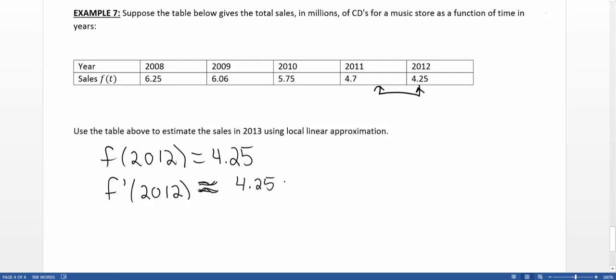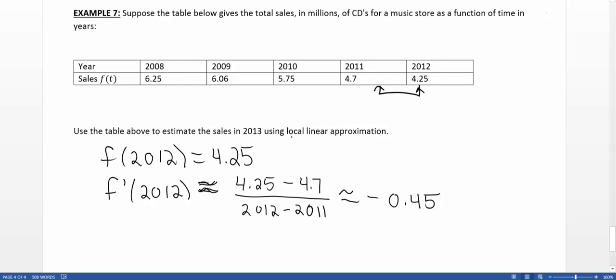So 4.25 minus 4.7 divided by 2012 minus 2011. So when I crunch that number in my calculator, I'm going to get negative 0.45. So now I have an approximation for the derivative.